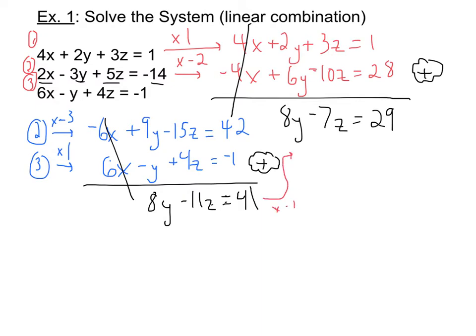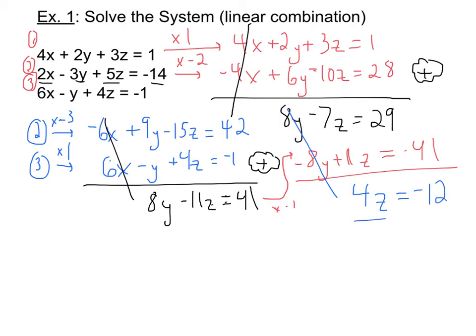If I multiply this equation by negative 1, I get negative 8y plus 11z equals negative 41, which will allow us to add those two equations and eliminate the y variable. 8y minus 8y adds to 0, and then we have 4z equal to negative 12, divide by 4, and we have found our first official variable, z equals negative 3.